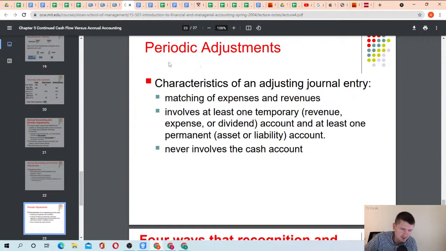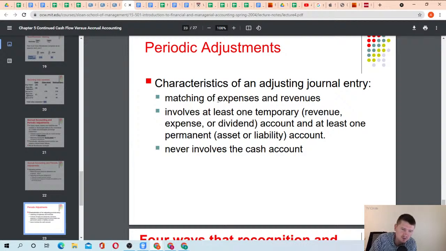So here is a list of characteristics of such entries. They are to match expenses and revenues. They must involve one temporary revenue, expense, or dividend account and at least one permanent asset or liability. And they never involve the cash account, because when you get a cash movement, it is 100% a transactional situation. For every cash movement you must have some supporting document, and that is a transactional situation.